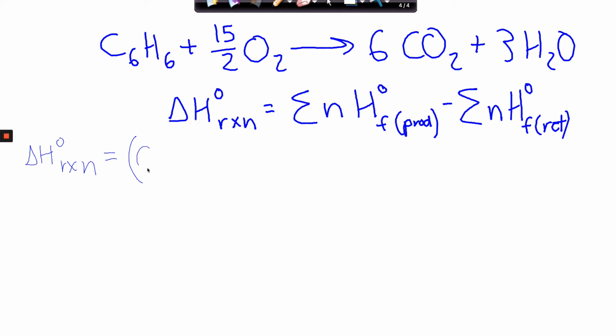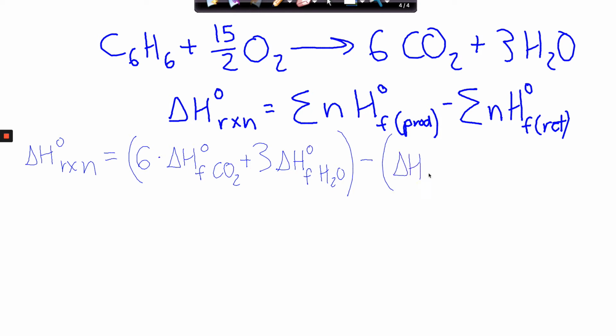It will be 6 times the heat of formation of CO2 plus 3 times the heat of formation of H2O, close parentheses, minus the sum of 1 times the heat of formation of C6H6 plus 15 halves times the heat of formation of O2, close parentheses. Anything less than this will get you 0 on the AP test.